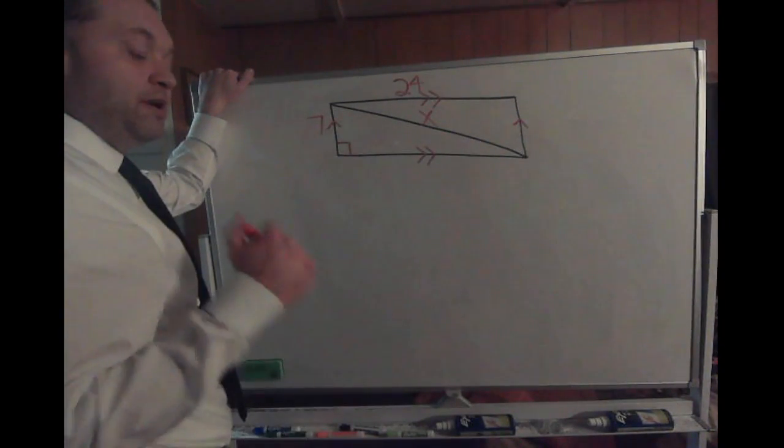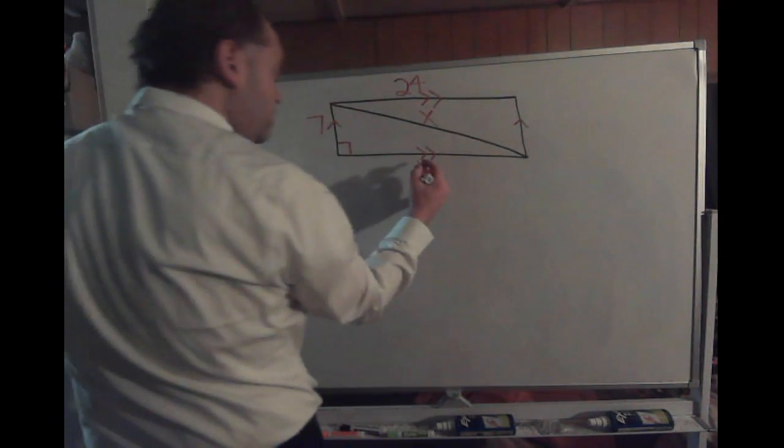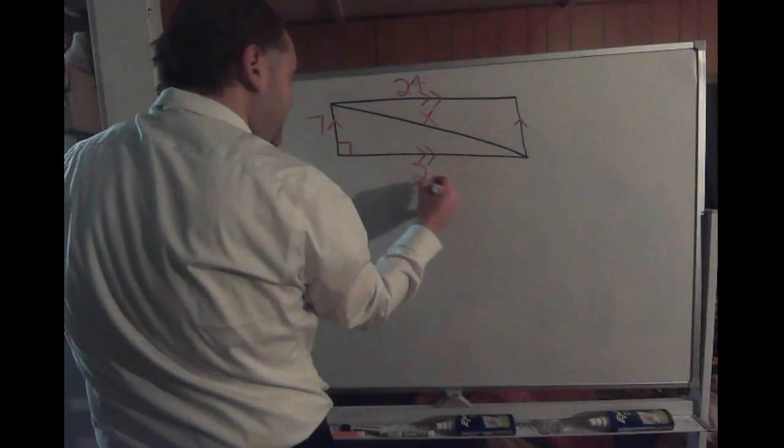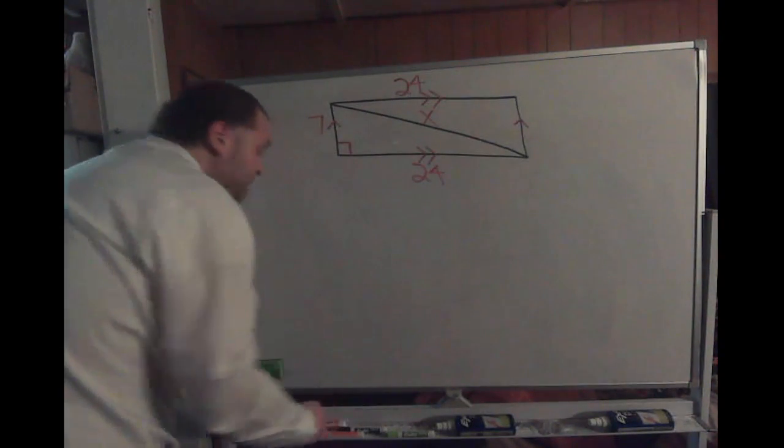what do we know about parallelograms? That opposite sides are congruent. So this leg here would also have to be 24. So now we can go ahead and solve for x.